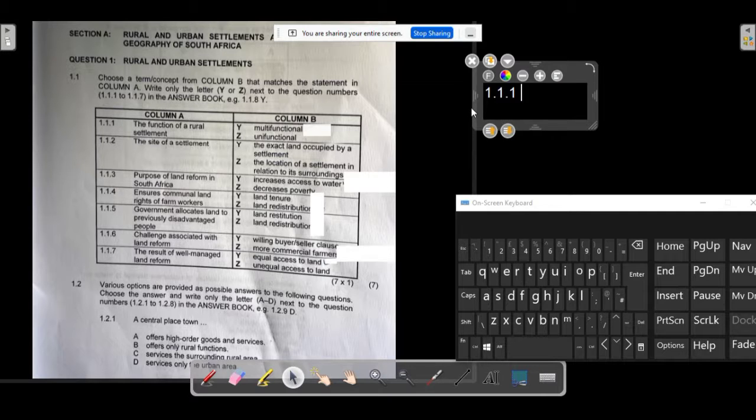Now, guys, remember that a function basically refers to the type of activities, the economic activities, that a settlement performs or operates in. In this case, multifunctional would mean that it practices primary activities, secondary activities, tertiary activities, quaternary activities. So that is multifunctional.